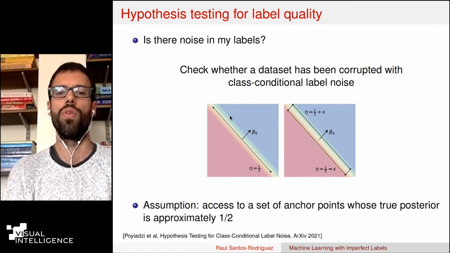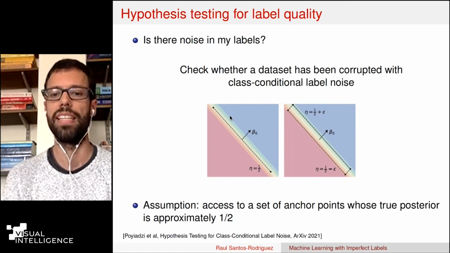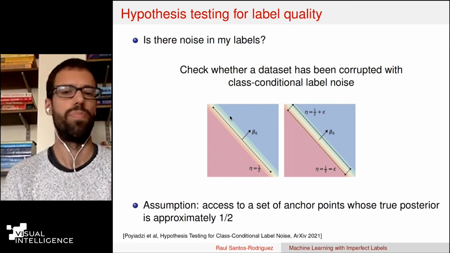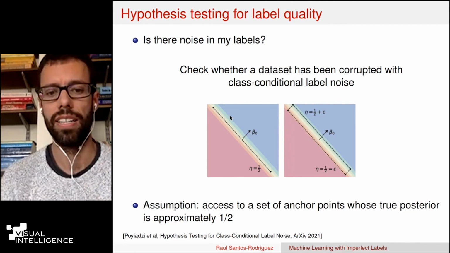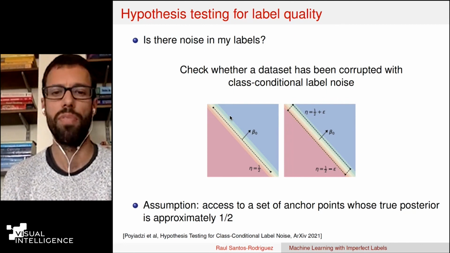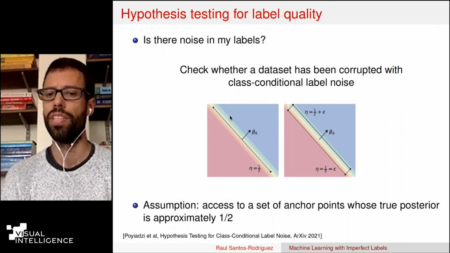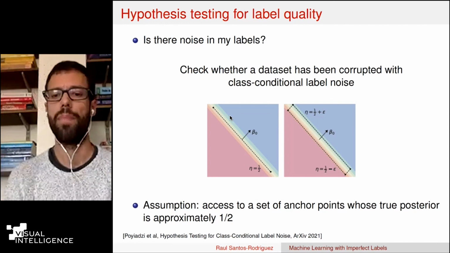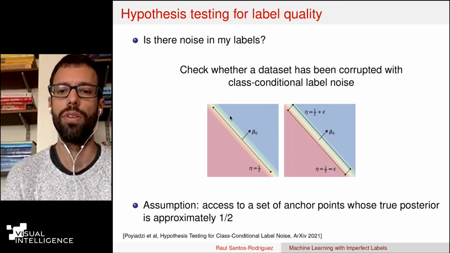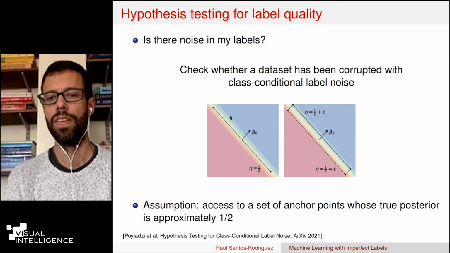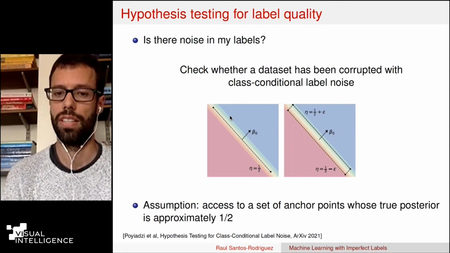So for instance, if I know that because of the way I labeled my data set, I used a mechanical Turk, and I know the type of annotators that I got, and I know the type of images that I'm giving them, I might have an expectation of how good they will be on the task that I want to test later.